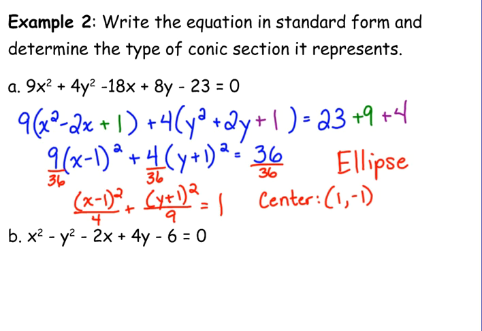Okay, X does come first, but what did I add to your notes there? What's the relationship between A and B? A is greater than B. So which one, is it horizontal or vertical? Vertical, because the Y is over the bigger number. Okay, the Y is over the bigger number.